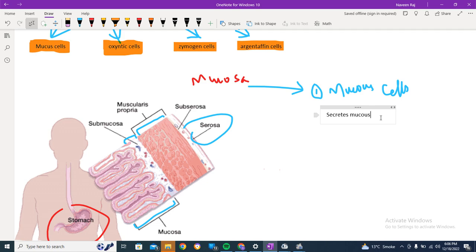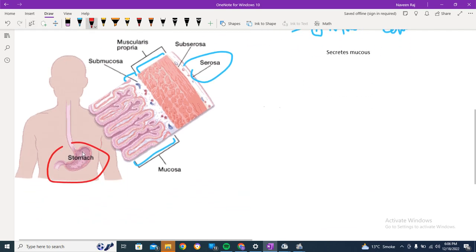It covers the stomach walls. Now this is a very important point that you need to know. These are the walls of the stomach. In the stomach we have an acidic environment. How is the stomach bearing that acidic environment? Why is the stomach wall not being destroyed? That is because of the secretion of mucus, because mucus lines and covers the walls of the stomach, and that is protecting it from the HCl.